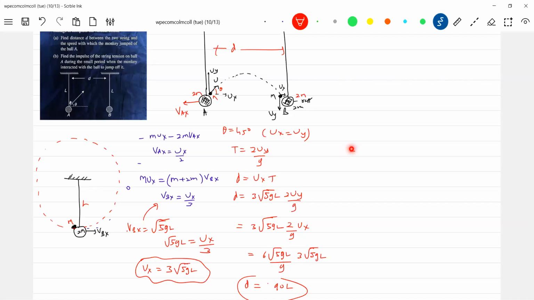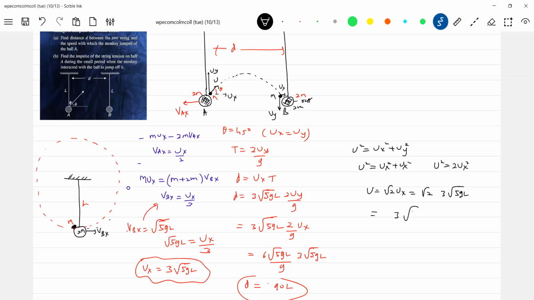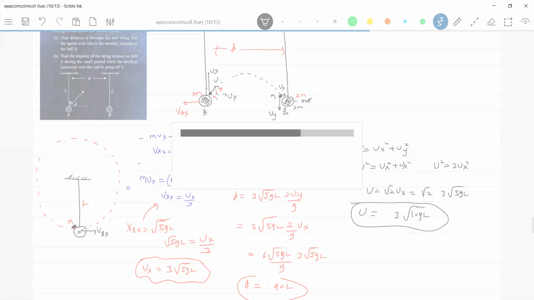So u square is equal to u_x square plus u_y square. Okay, this is the initial part A of the problem.